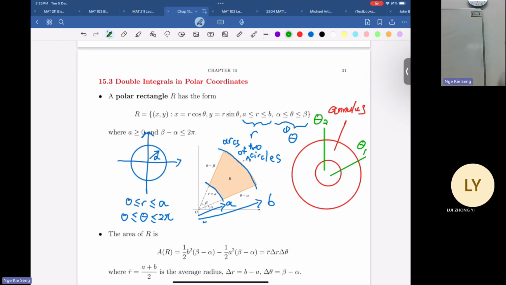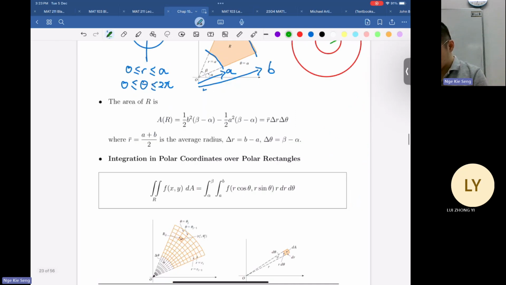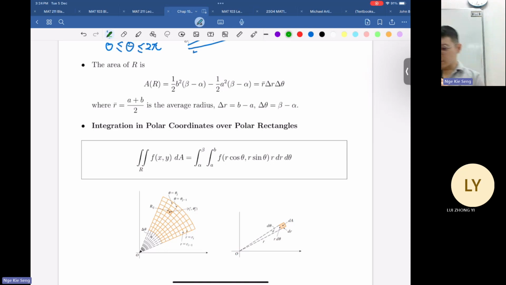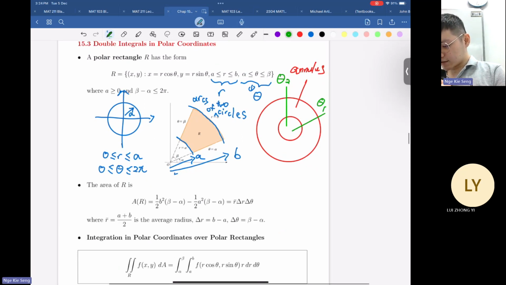Okay, let's look at some example or theory first. So how to compute the area of this slice here? You know how to compute the area of this slice?